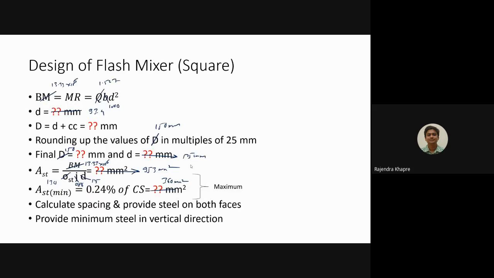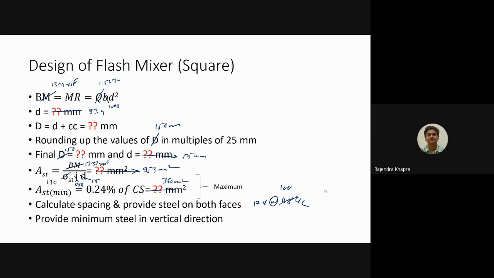Yes, so this is 12 dia at 118 center to center. Okay, so 118 की जगह पे हम लोग क्या करेंगे? 100. Okay, so in place of 118 we'll go for 100 center to center.